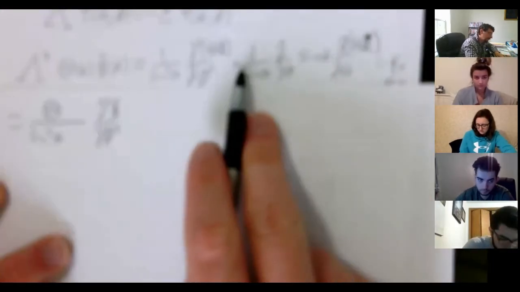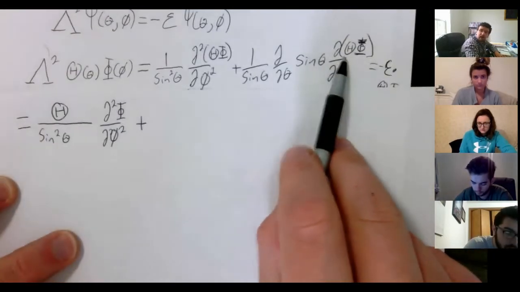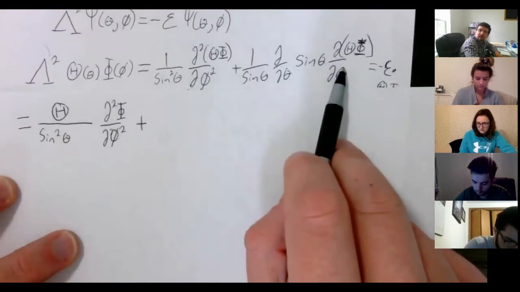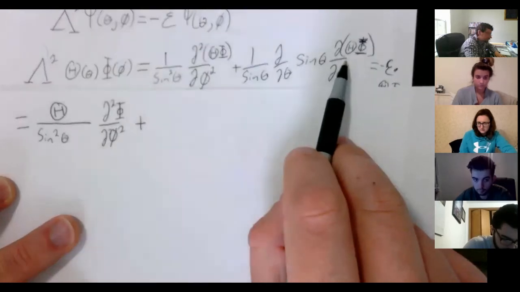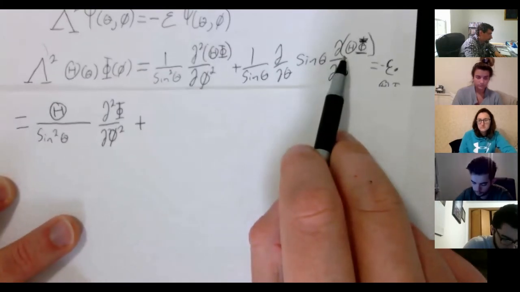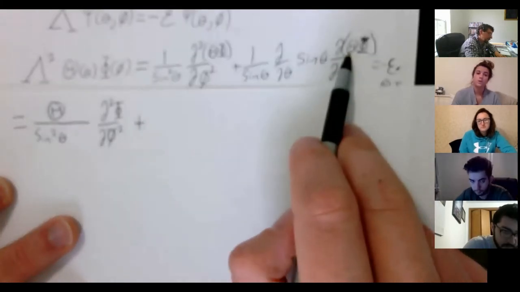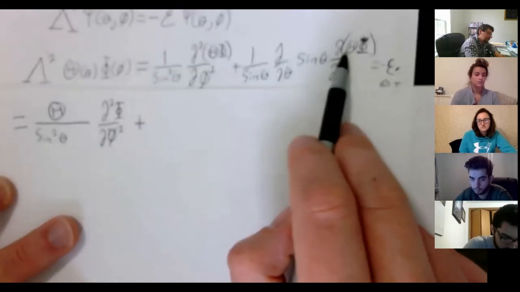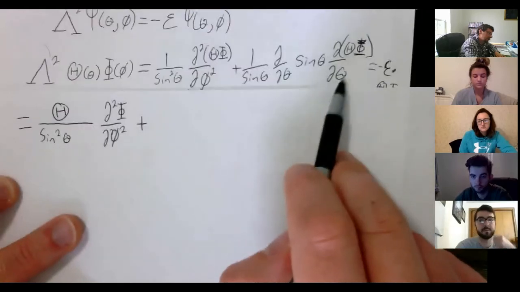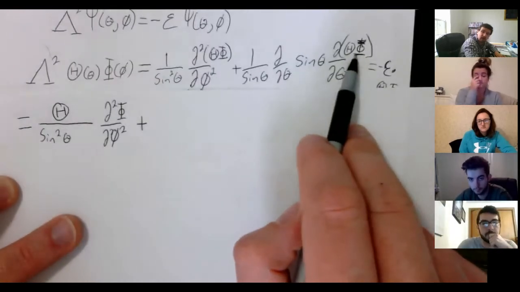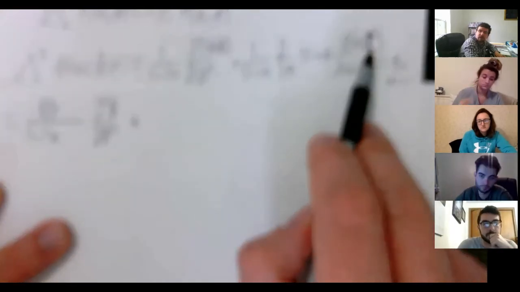Okay. Now we got to look at this term. In the end, we have this differential, right? Is there anything we can pull out from here? What does that first term depend on? Theta. So what does this term depend on? Phi, yep.